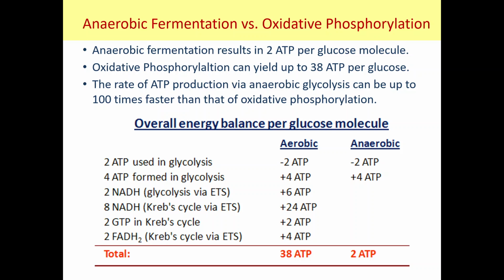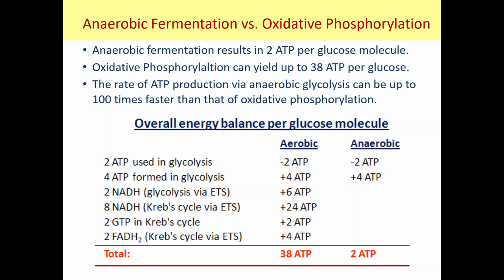And the overall energy balance per glucose molecule is basically divided into the investment phase, which is the same for aerobic and anaerobic respiration. 2 ATPs are used in glycolysis. In other words, 2 ATP are invested before the payoff phase, in which we obtain the returns from the investment of 2 ATP.